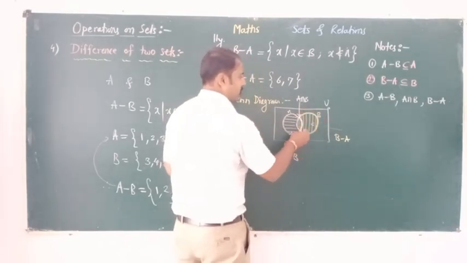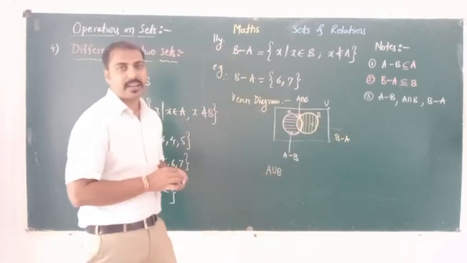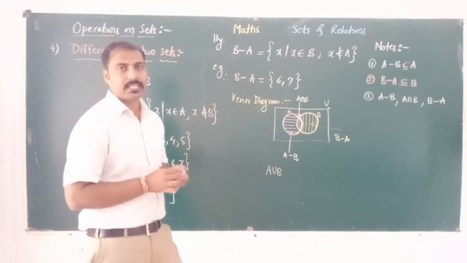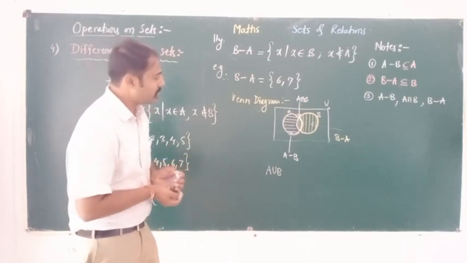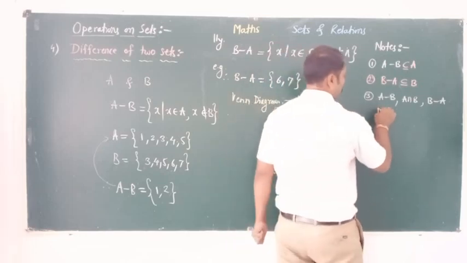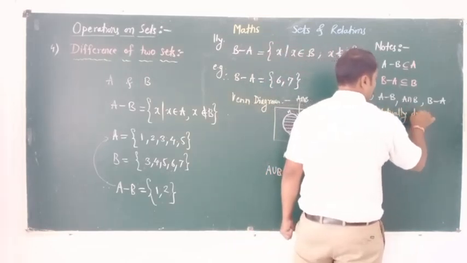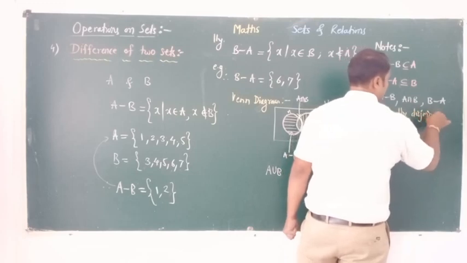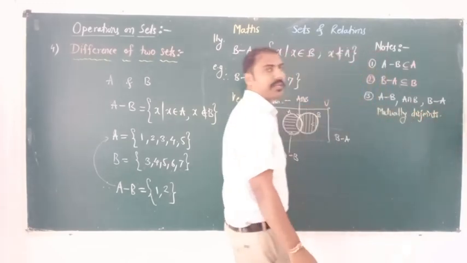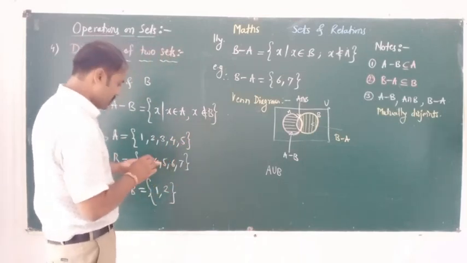And what? A intersection B. These three are mutually disjoint sets. Mutually disjoint means there is no common element in between these three sets.